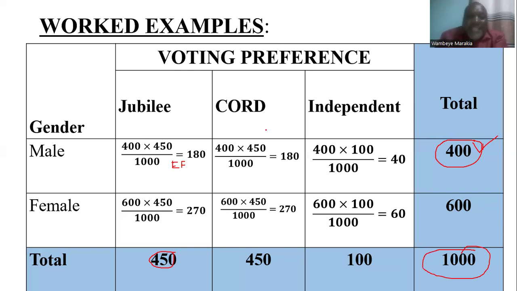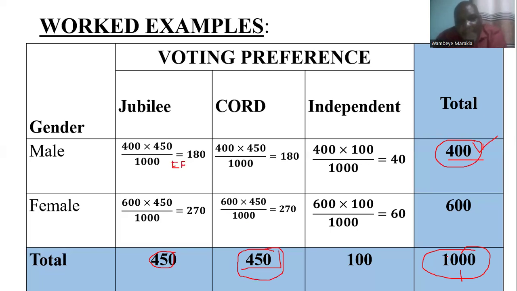Then we move to the second cell. The second cell, we take that same total here, multiply by the value down here. So it's 400 again times 450 all over the whole total. The marginal total at the left and the marginal total at the bottom are all over the denominator, the whole total.